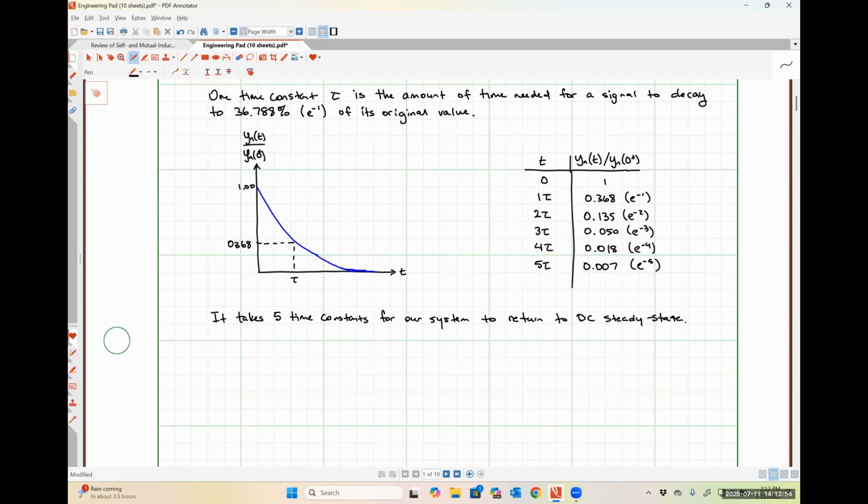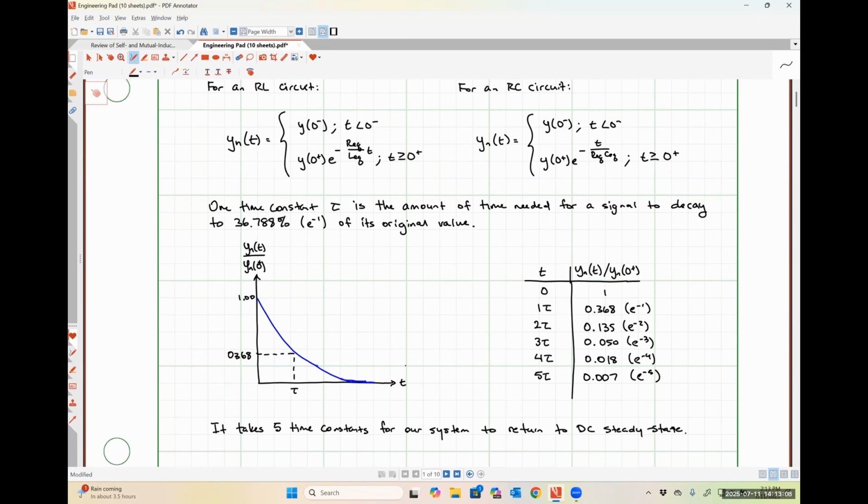So let's now develop an equation pretty quickly to determine what our time constant is going to be for an RL circuit and for an RC circuit. So I'm going to scroll up here and look at this really quickly. Essentially, we're trying to figure out what value of t, this guy right here, is going to make that exponential function just be e to the minus 1.